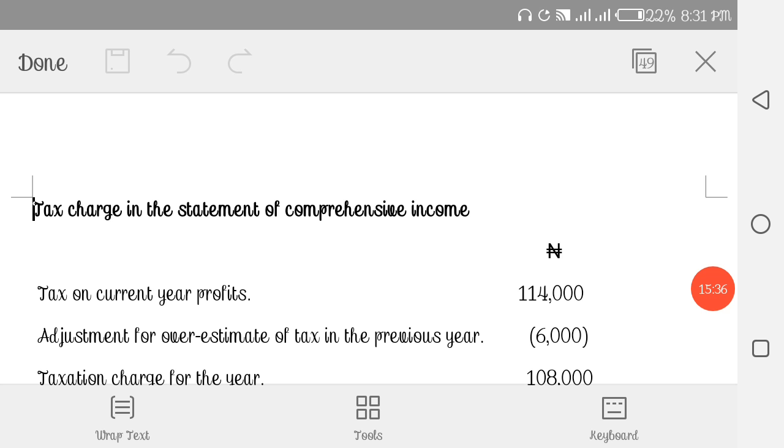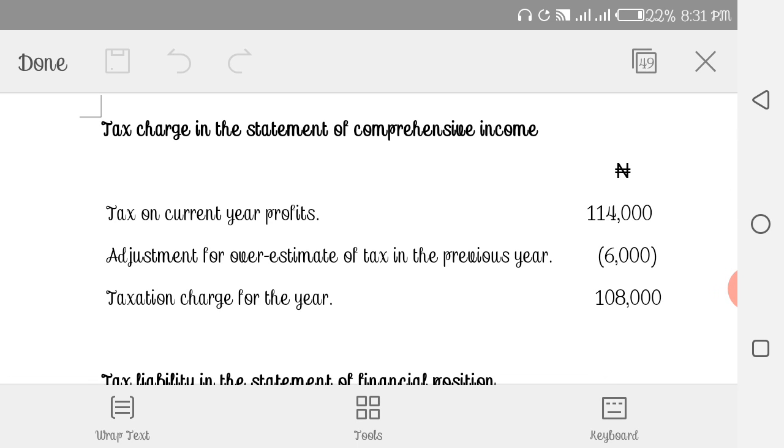Okay, this is the solution. Now, in the statement of profit or loss, the current tax year that we pay for, which is 2013, is 114,000.